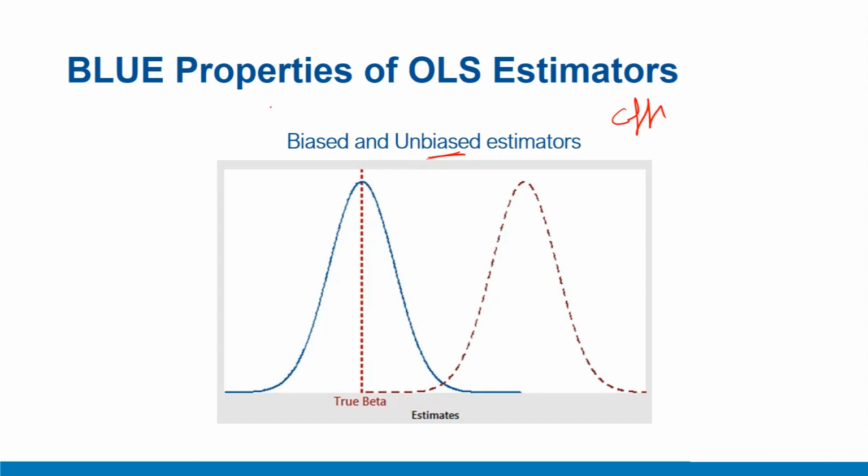For example, if we are trying to estimate beta 1 using some estimator beta 1 hat like the OLS estimator, and if in large repeated samples the expected value of beta 1 hat is the same as the true population value, then it is called an unbiased estimator.